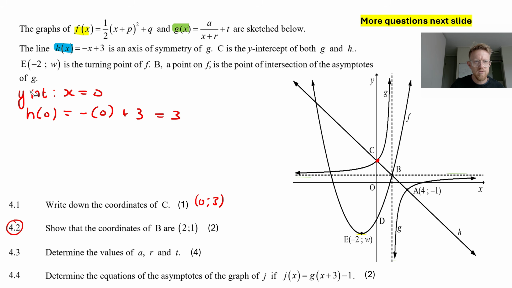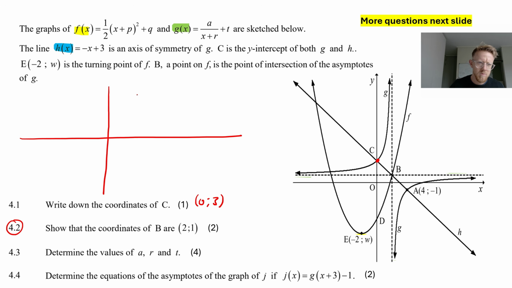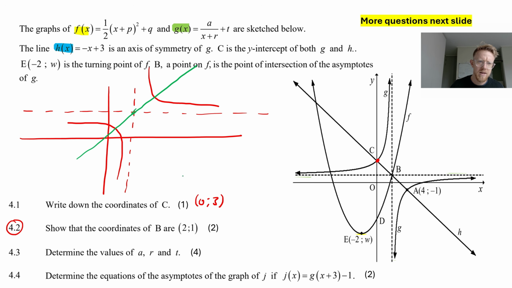So I need to quickly remind you about something that we learned in earlier grades. When you have a hyperbola, and let's say it's over here, and it's over here, and we have it there and there. Now, when you have your symmetry line that goes through this point, you've got one symmetry line that goes that way, and you've got another one that goes that way. But let's ignore that one.